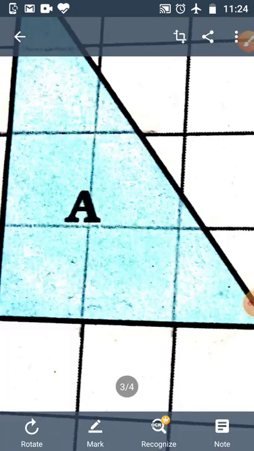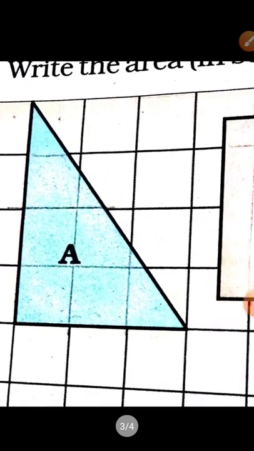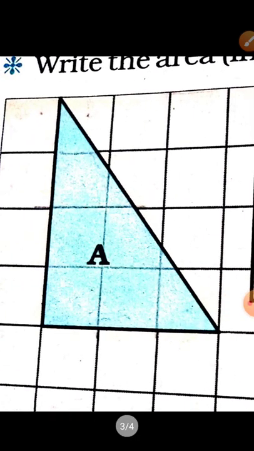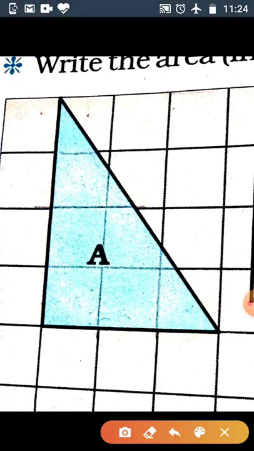Here, in this triangle, first we will calculate the area of this triangle by counting the number of grids inside the triangle. So, if you count the number of complete grids, 1, 2, 3. 3 are the complete grids and this portion is a little bit left.